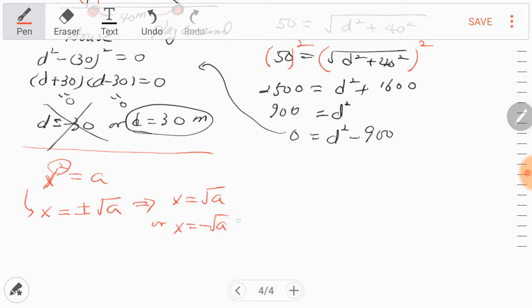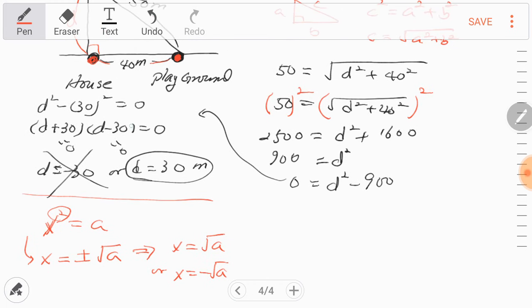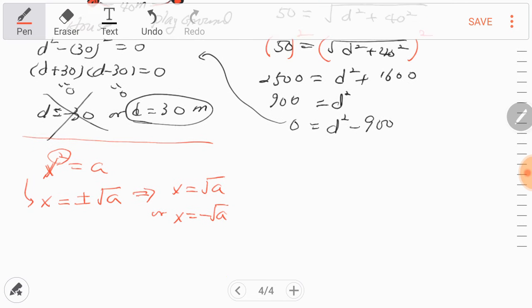This is a formula. It's much easier to write the solution. If we use difference of squares, it takes time and there's more work. So next time we have x squared equals something, we can get rid of this power 2, so that the base is equal to plus or minus the square root of the right side. Okay, like this.